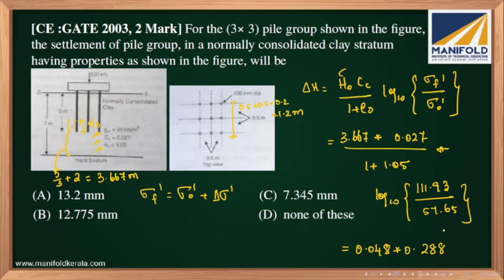Multiplying with 0.048, we will be getting the value of around 13.83 mm. So let's go with 13.2 mm, option A.